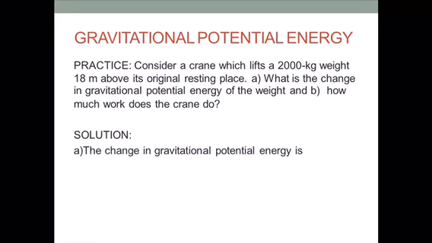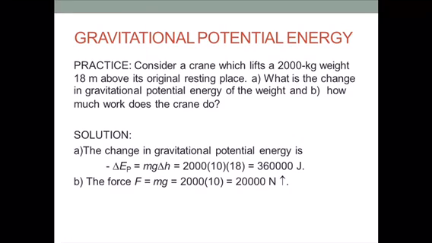The change in gravitational potential energy, as defined earlier, is mg delta h, and plugging in 2000 for mass, 10 for gravity, and 18 as change in height, which leaves us with 360,000 joules.